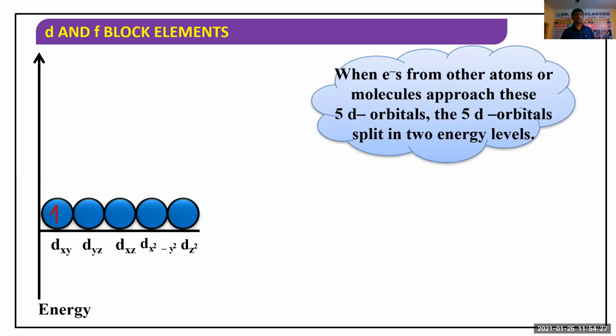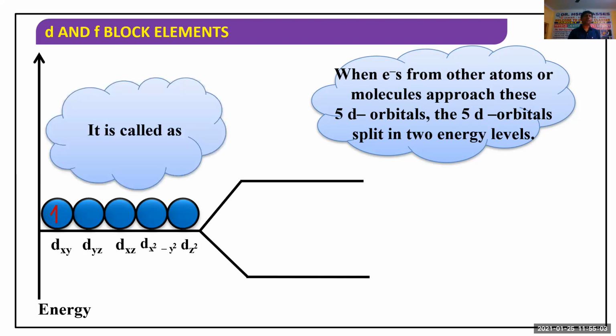When electrons from other atoms or molecules approach these d orbitals, the five d orbitals split into two energy levels, one axial and another equatorial. dxy, dxz, dyz are one set, and dz square and dx square minus y square are the other.